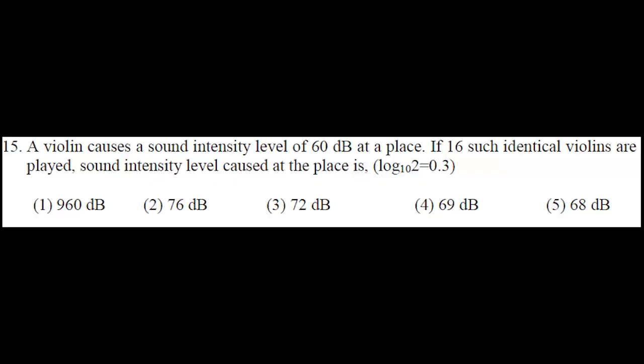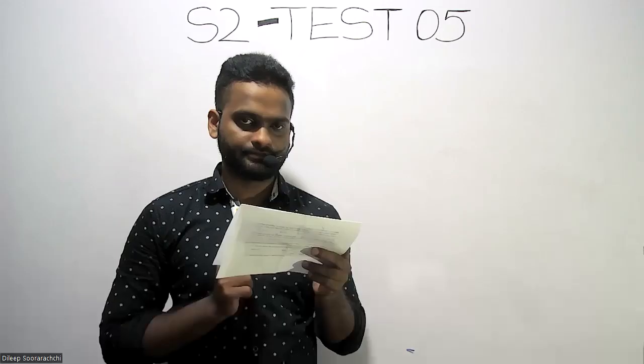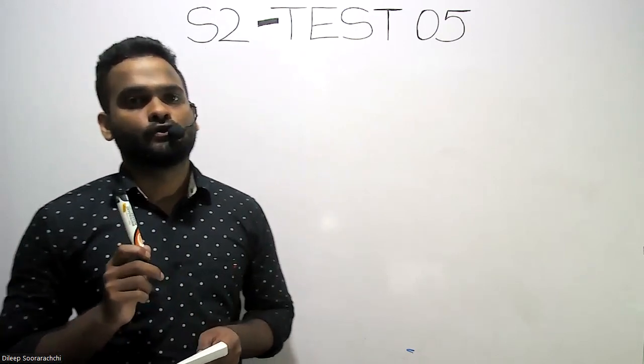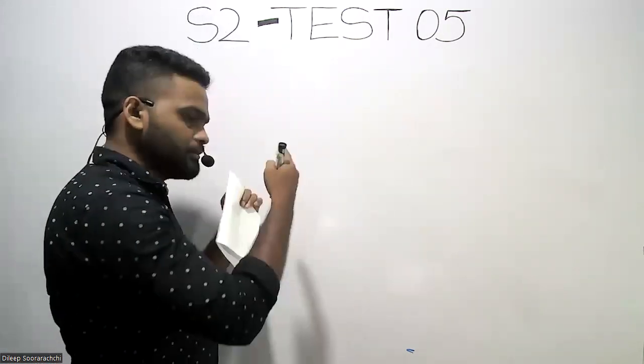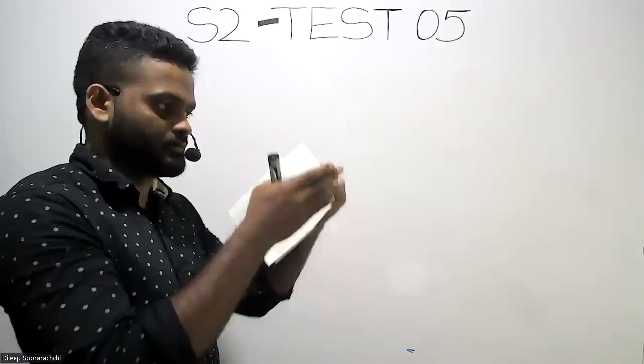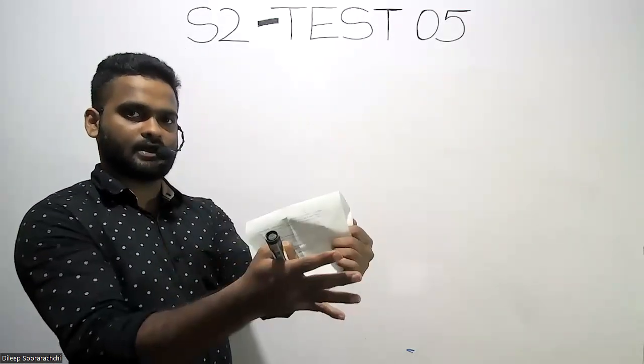Okay, 15th question. A violin causes a sound intensity level of 60 decibel at a place. If 16 such identical violins are played, the sound intensity level caused at the place is, right? For this one as well, you have to compare two cases, one violin and 16 violins.